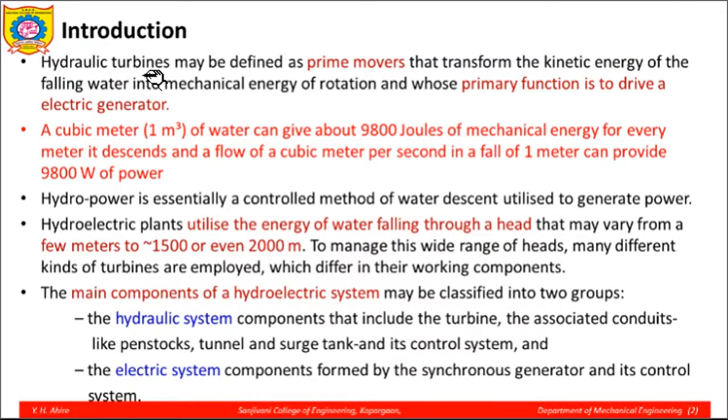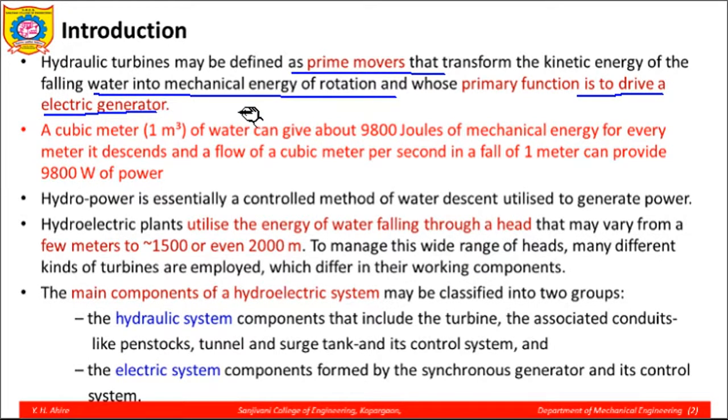Water turbines, hydraulic turbines may be defined as prime movers that transform the kinetic energy of the falling water into mechanical energy of a rotation of a shaft, and whose primary function is to drive an electric generator, right?